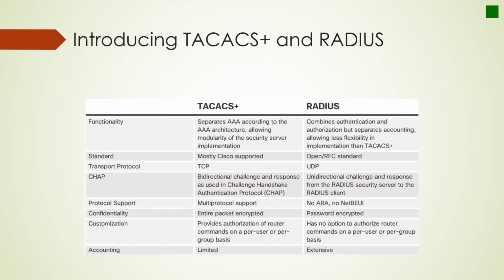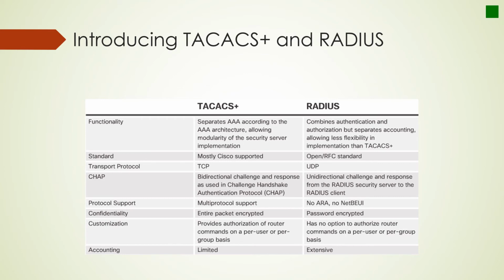TACACS Plus uses CHAP. This is discussed in Cisco 4, right? It's an authentication under PPP, point-to-point protocol, Challenge Handshake Authentication Protocol, a much more secure means of authentication. It ensures encryption. That's one advantage of CHAP. In RADIUS, usually it uses a challenge and response type, a two-way type of authentication.